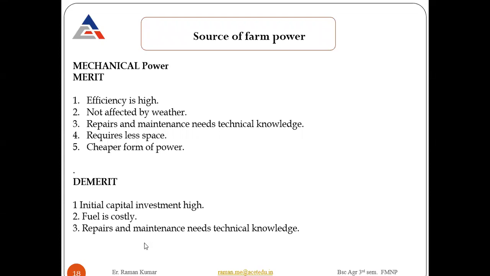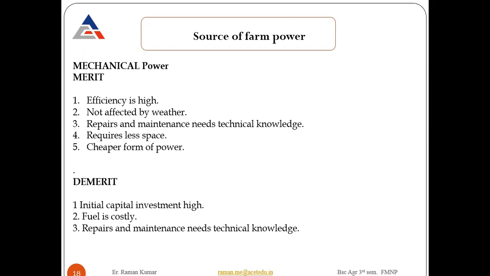Next, repair and maintenance need technical knowledge. In this case, number 3 will not come under merit, it will come under demerit. If it goes out of order somewhere during operation, it will need more money to repair and maintain, so the repair and maintenance cost will be high.